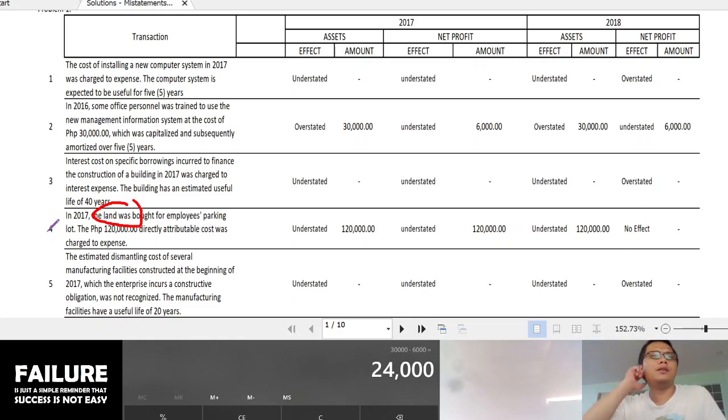You already know that land is not a depreciable asset. So, subsequent years wala na siyang effect yung error because walang depreciation, okay? Walang depreciation, no effect. Pero sa asset natin, it is still understated because walang ginawang correction. Okay? Walang ginawang correction.